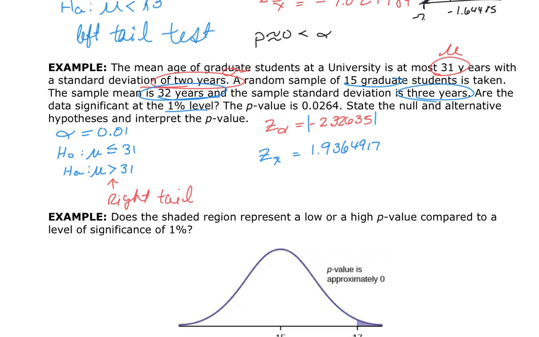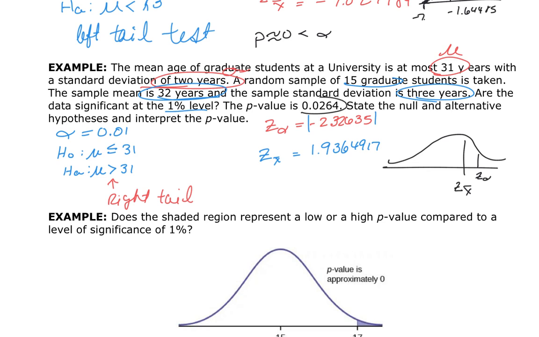So 2.3. Now, I can tell you without doing any work, just comparing the z-score of the alpha and the z-score of the x bar, if I were to draw this picture, here is my z-score for the alpha. Here's where my z-score of the x bar is, and it is in the fail to reject region.